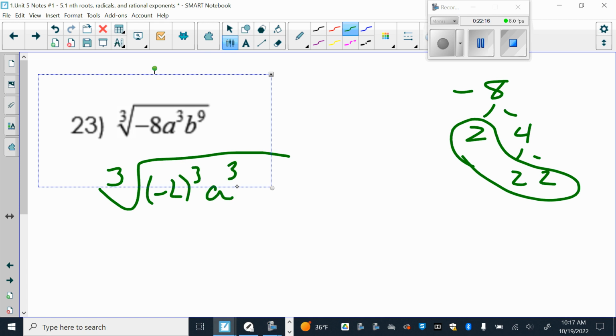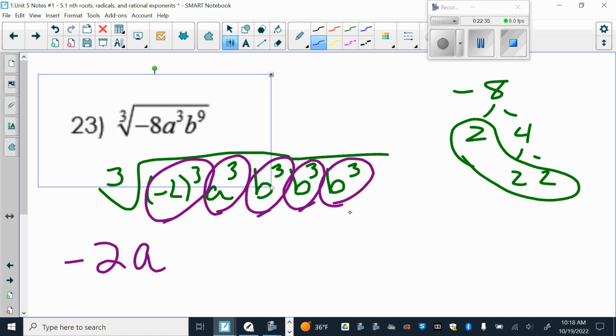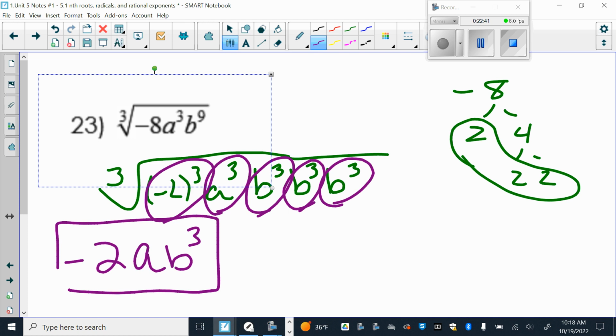And b to the 9th, I can break up into 3 sets of b to the third. So this simplifies to be negative 2a, and I can take out 3 b's. So negative 2a b to the third. I don't have to worry about absolute values since I have an odd root.